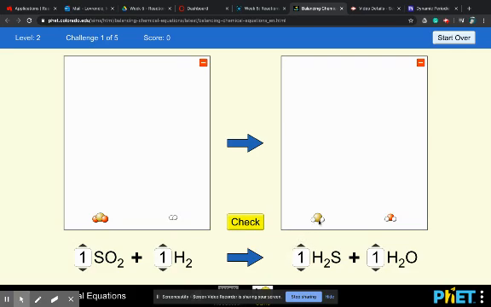So we have 2 and 2, which is 4. We have 2 on this side, so we need to add another molecule. Now, okay, what does that do? Hydrogens, now we have 1, 2, 3, 4. We have 1, 2, 3, 4. So the hydrogens are good. Sulfurs are good. Oxygens, not good.